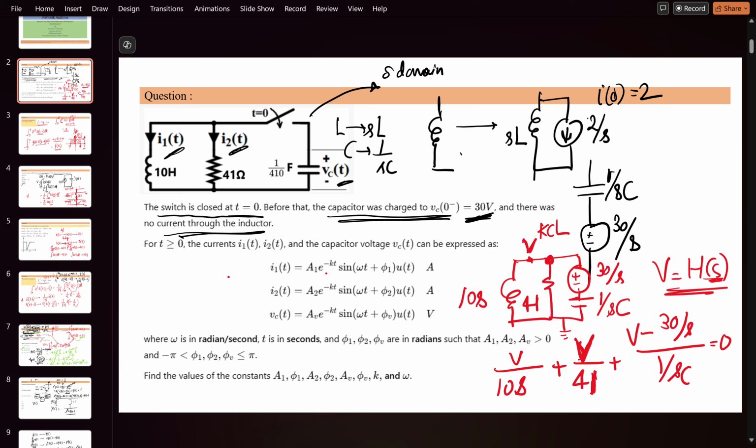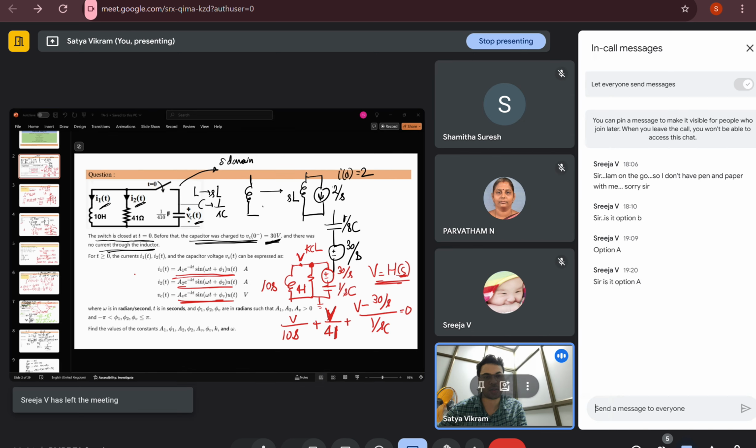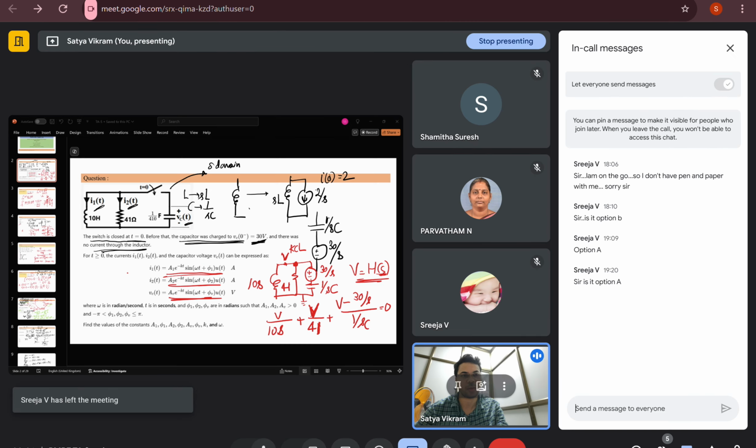Then you will get the exact equations like this. Okay. So this will make the analysis simplified. Okay. Try to solve it by yourself. We will see in the next lecture, if you feel there is still some doubt. Okay.